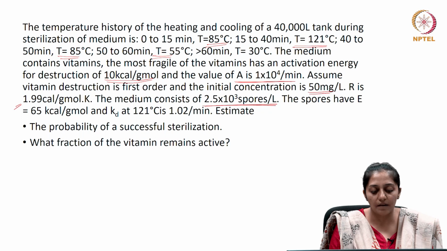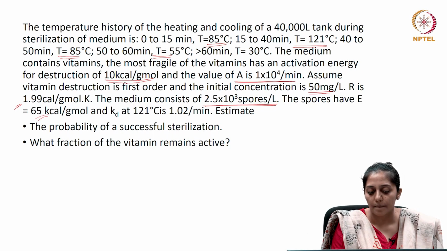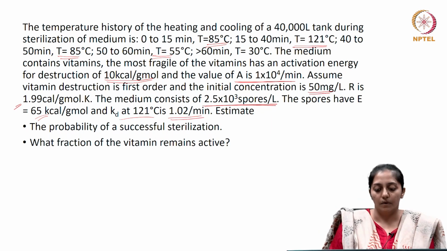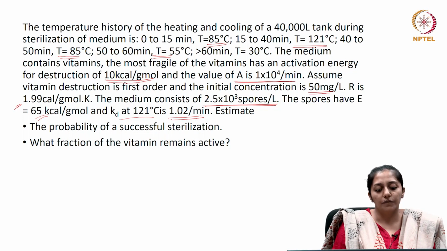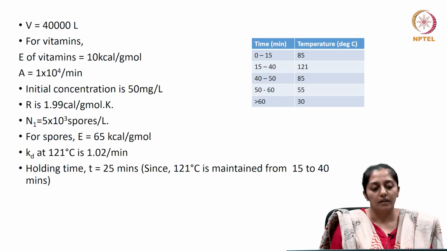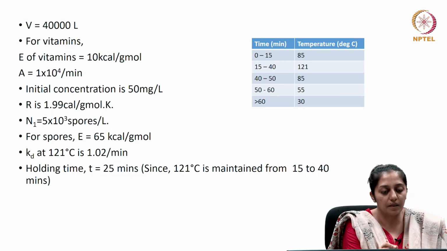Now, spores have the E value of 65 kilocalorie per gram mole and the thermal death rate constant at 121 is 1.02 per minute. We need to first find the probability of successful sterilization. First, let us list down what is given in the problem.